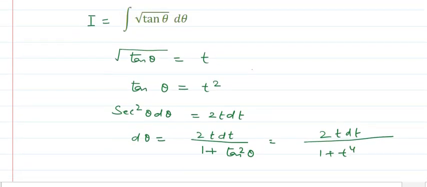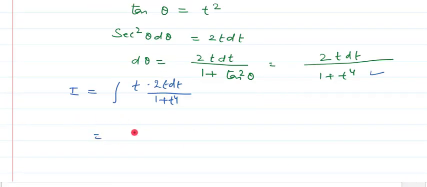Okay, now let us apply the changes in I. So I is left in terms of t, root is t, d theta is this term. So let me place this term 2t dt upon 1 plus t power 4. So what are you having with you? 2t square dt upon 1 plus t power 4.